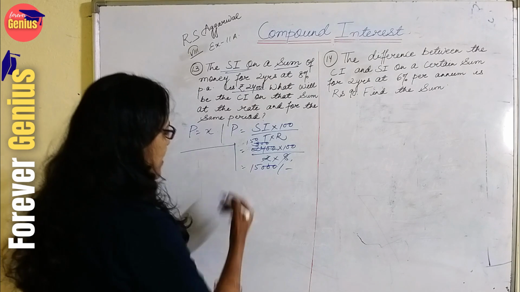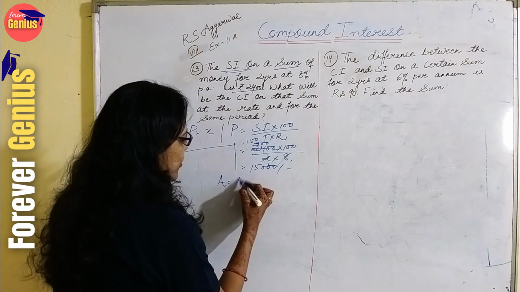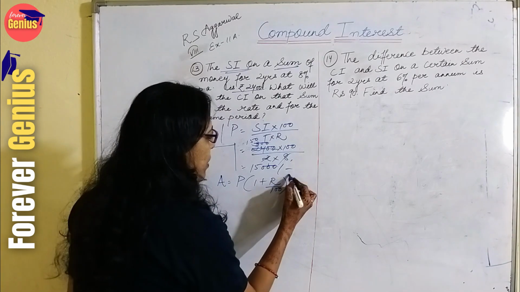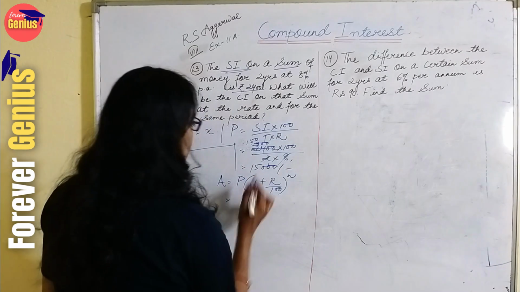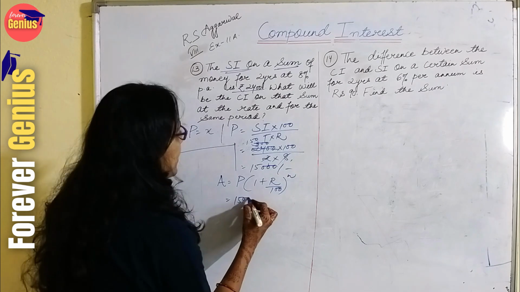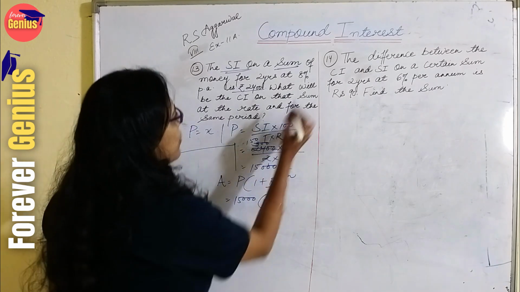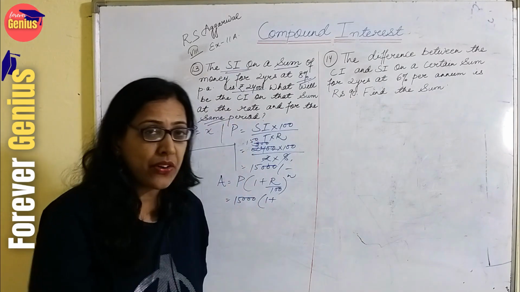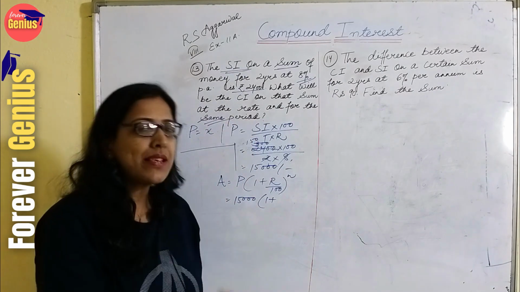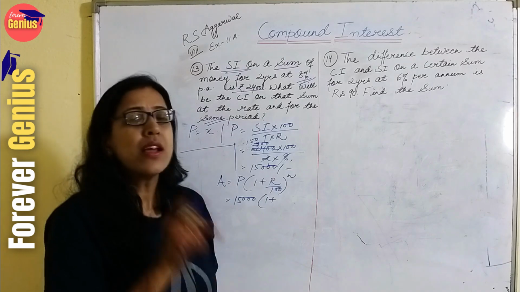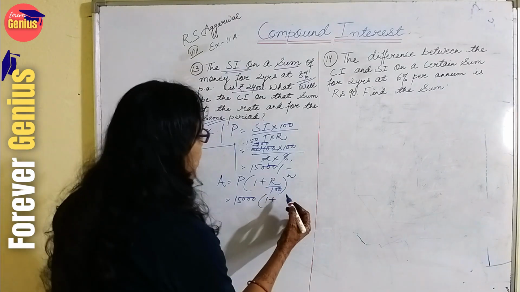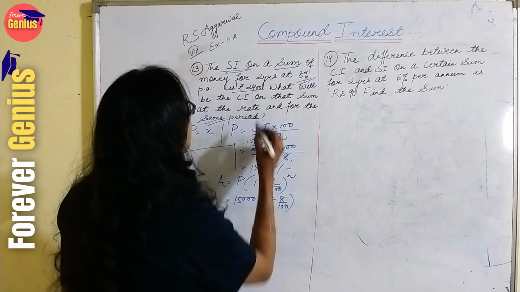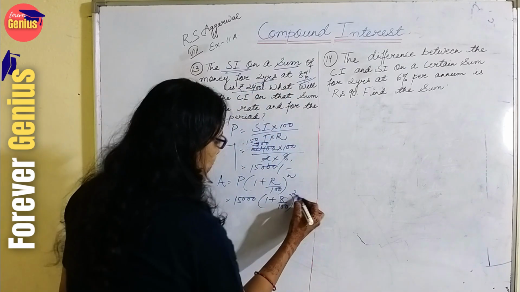So the formula is A is equals to P into 1 plus R by 100 to the power n. This is equals to 15,000 into 1 plus what is R? It is 8%. Because it is written that the rate and time will be the same which we have taken for simple interest. So 8 by 100 to the power 2.